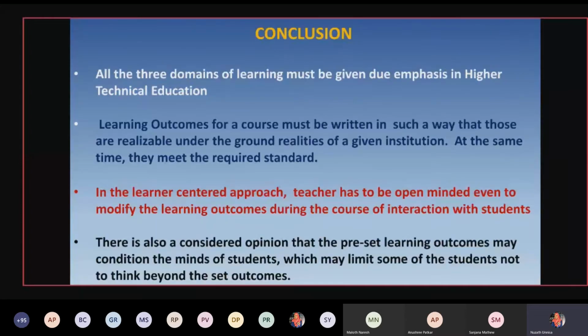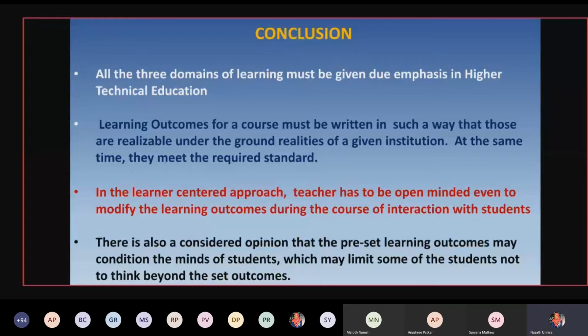We can't make all the students in a class go to the create level, but we can make students move from one level to another gradually, and it completely depends on us how we teach them.